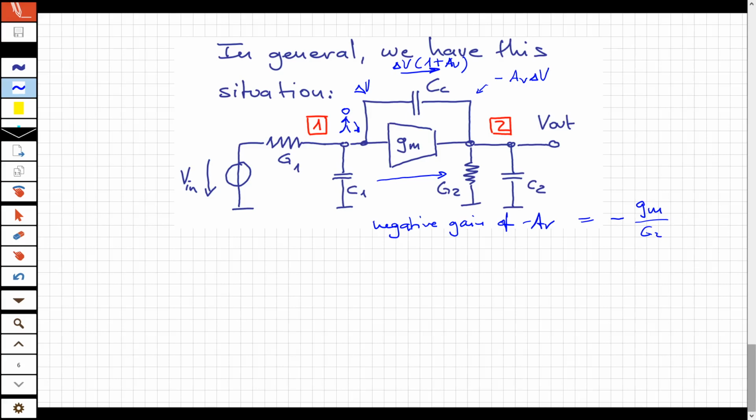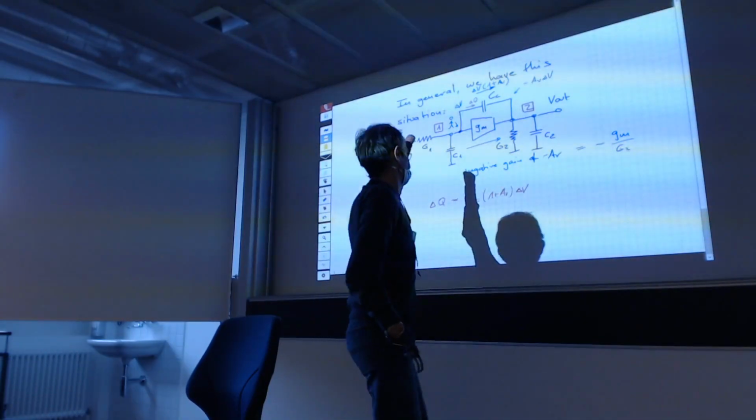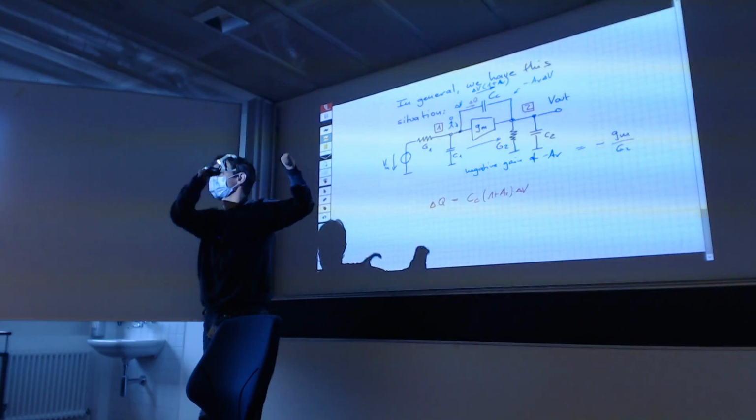So the charge delta Q that disappears into that CC is simply the capacitance times delta V times 1 plus AV. Let me reorder these terms. But the small observer who is standing there doesn't know what comes behind.